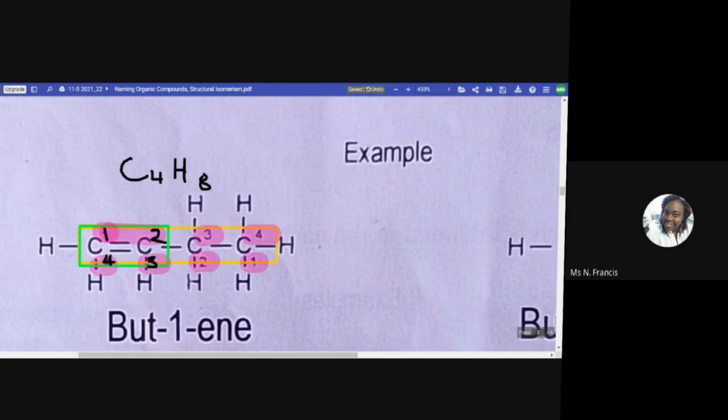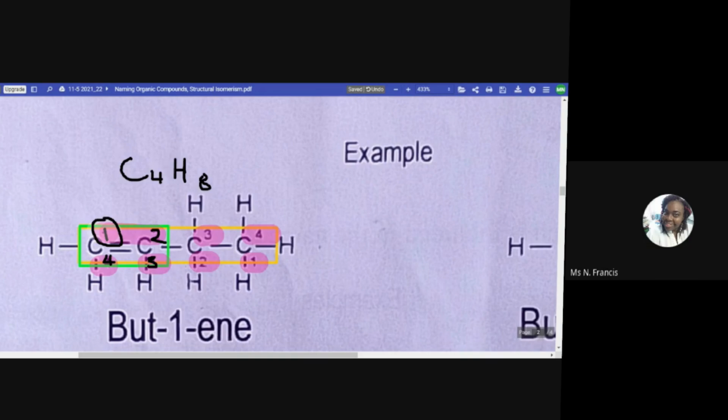But what does my rule say? My rule is very specific. My rule says I am to choose the lowest number. In this case, we have 4 numbers to contend with, and so it says choose the lowest number. That is what we're going to do. See my lowest number here? Lowest number is 1.